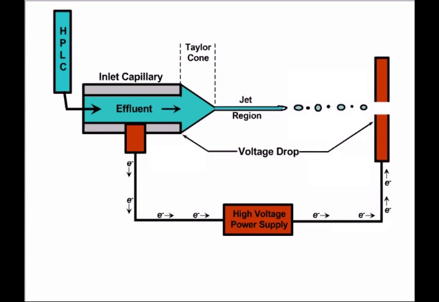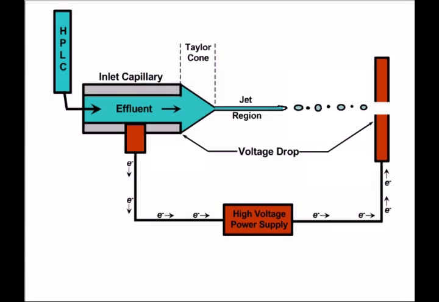And the Taylor cone is seen schematically in this region, and that Taylor cone is pulled into a jet, and that jet is further disrupted into a series of droplets. And this is, again, very characteristic of applying a high voltage to this inlet capillary.